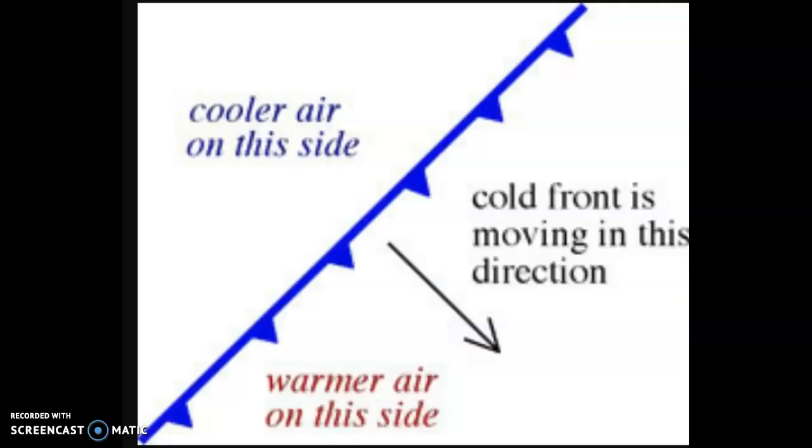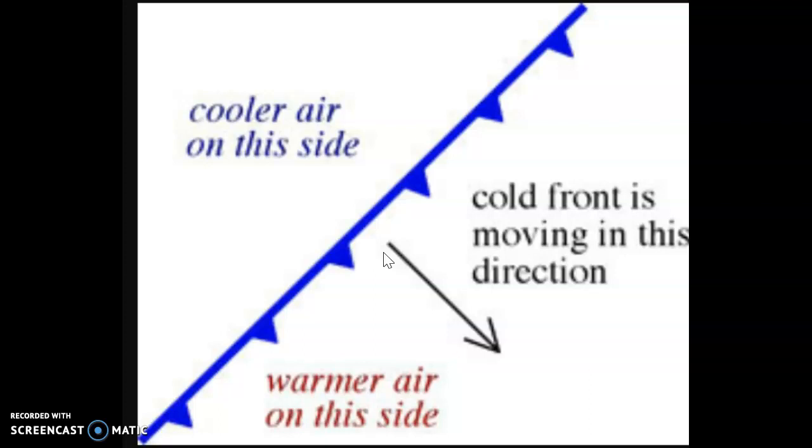Now, this symbol, which is associated with the cold front, has a kind of tooth-like formation, and the pointed characteristic here would face the direction in which the cool air is advancing.